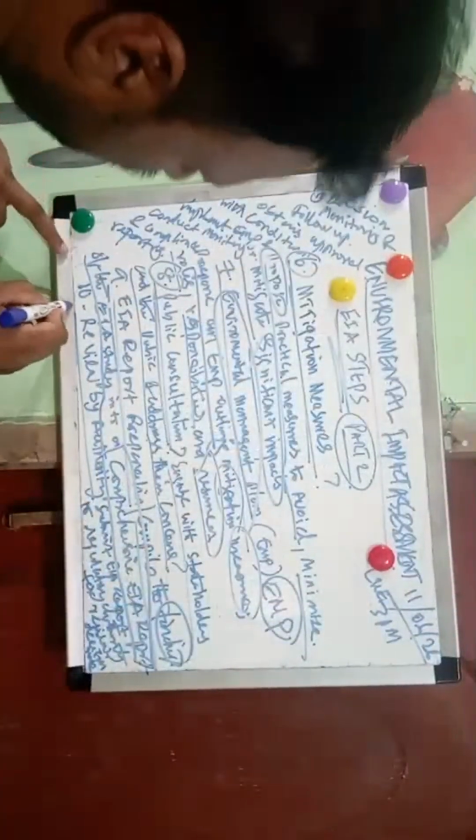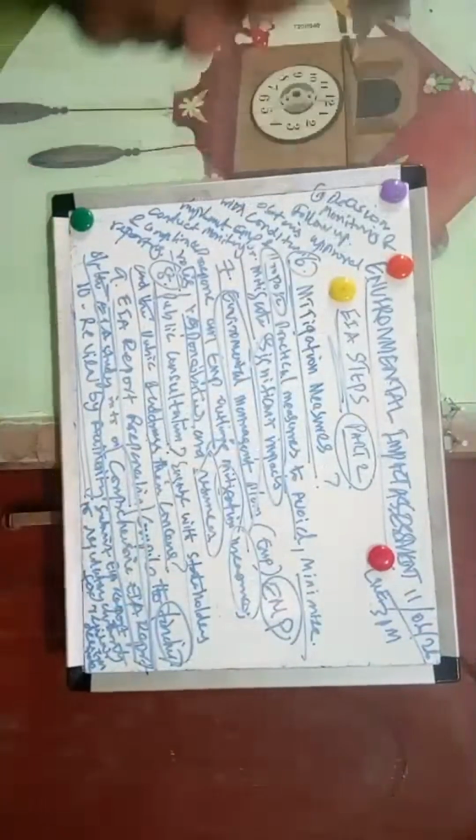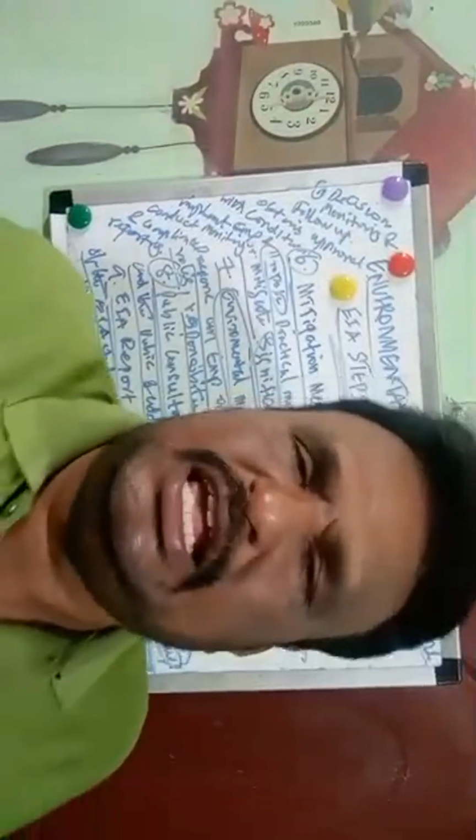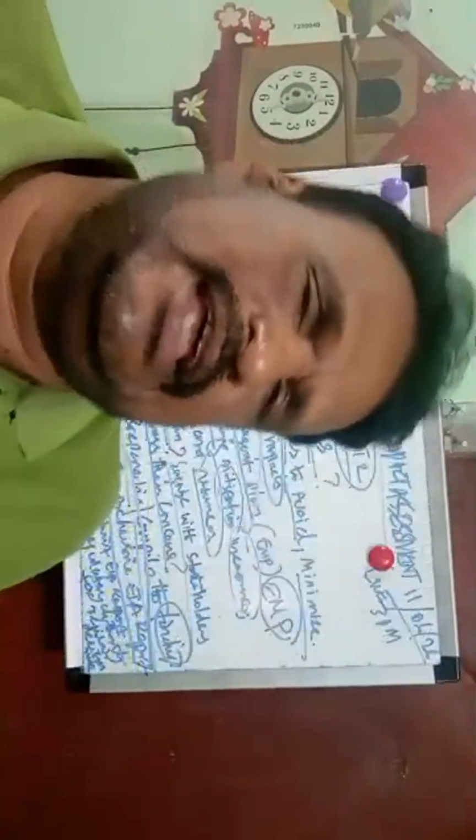Then the 10th one, review by authority. Once you have made the comprehensive EIA report, you have to submit it for review by authority. It may be the Pollution Control Board, it may be the Environmental Ministry, or it may be the EPA, Environmental Protection Authority.